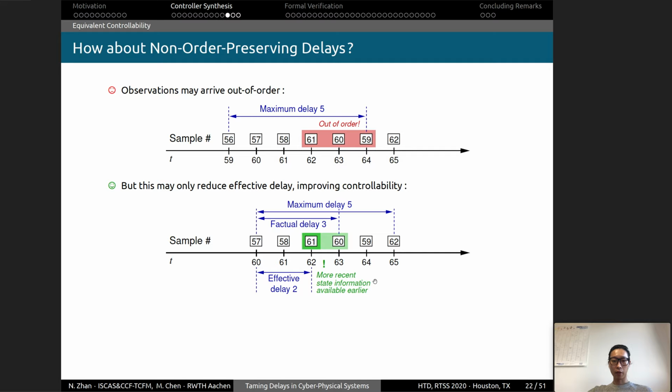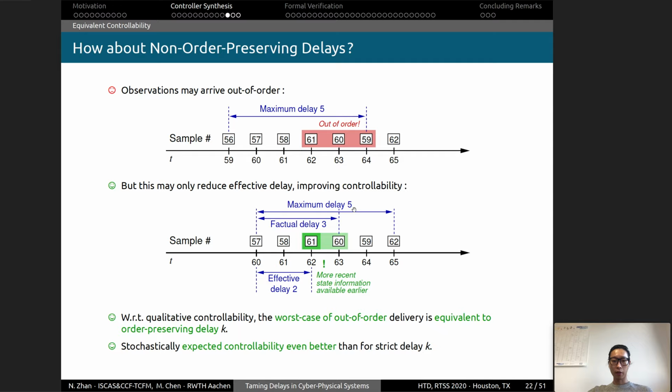And this amount of information may help us to come up with a controller that is winning for player one. So you see, in this case, the effective delay is actually 2, but in the order preserving case, the delay is 5.